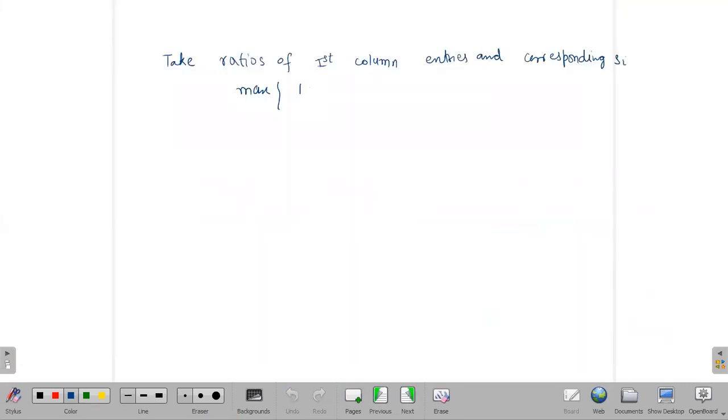We take the absolute value of A11 divided by S1, using the first scale factor, then A21 by S2, and so on up to An1 by Sn. S1, S2 are already absolute values, so there is no need to take the modulus.